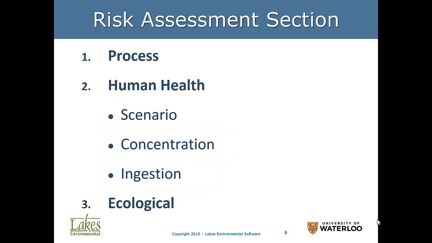We will compute what is the ingestion of those tissues, and at the end, we must assess a dose. Ecological receptors, I'll make just a brief mention on ecological risk assessment. And remember, we have an entire lecture 6 for human health risk assessment, lecture 7 for ecological risk assessment.